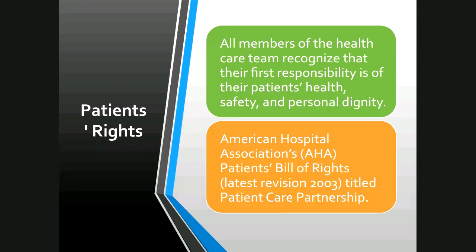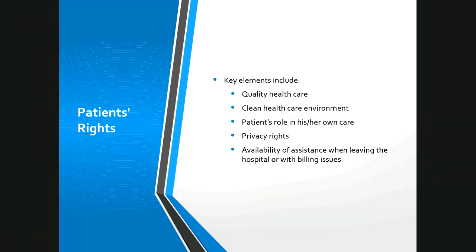Patients' rights. All members of the healthcare team recognize that their first responsibility is their patient's health, safety, and personal dignity. The American Hospital Association Patients' Bill of Rights was titled Patient Care Partnership in 1973. The key elements include quality health care, a clean healthcare environment, the patient's role in his or her own care, privacy rights, and availability of assistance when leaving the hospital or with billing issues.